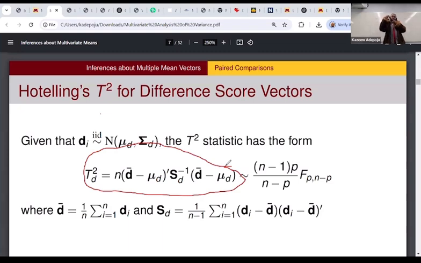The first mean in the vector is going to be the difference between using the new physical therapy and without the physical therapy on endurance. What is the mean of the difference across subjects? The mean of the difference across subjects before therapy and after therapy for endurance.